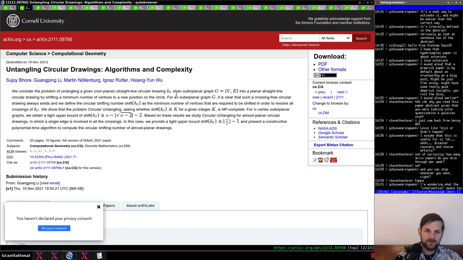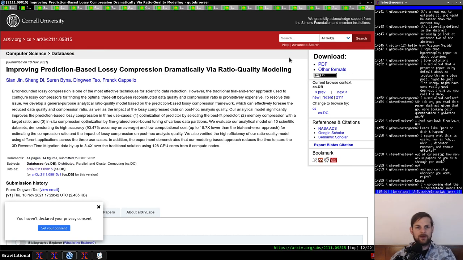We show that the problem circular untangling, which asks whether shift(G) is less than K for a given integer K, is NP complete. Ooh. I think I'm not going to be able to understand this one even if I do read it, so I might go ahead and skip it for now.